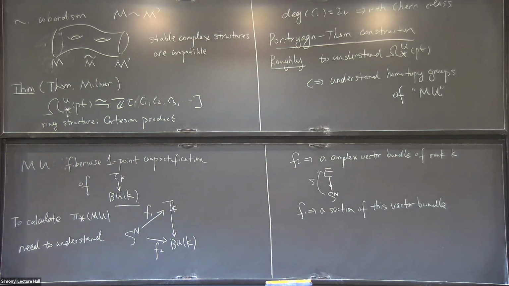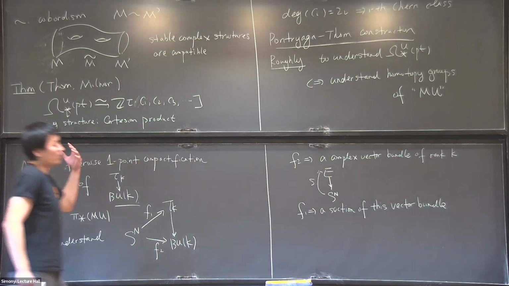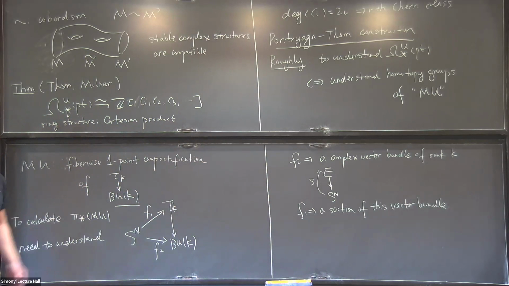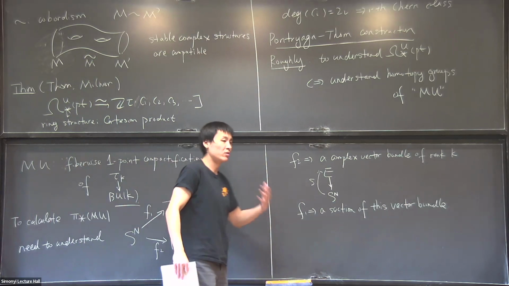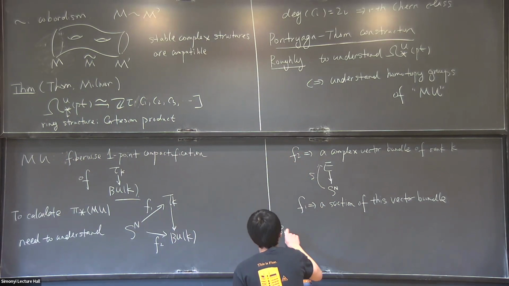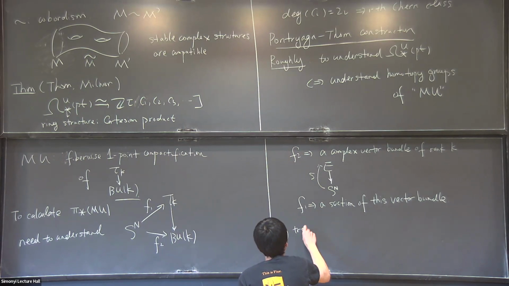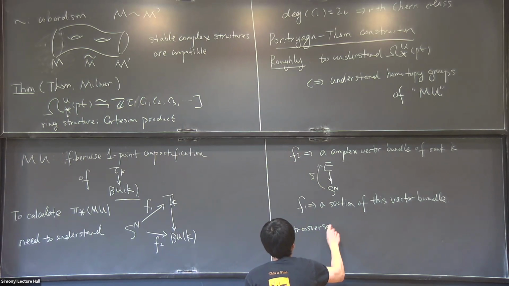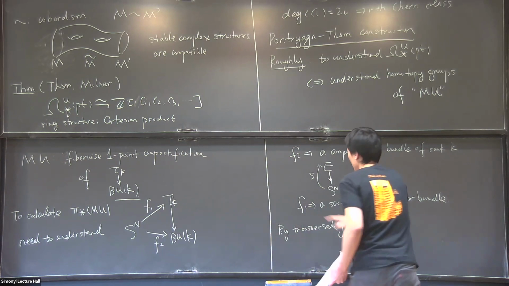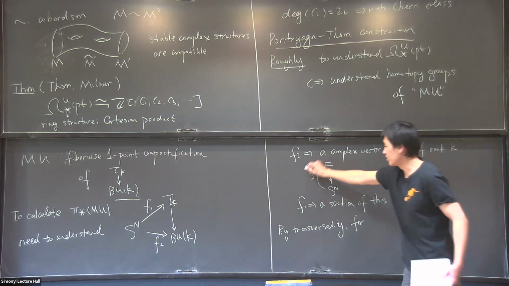So that's the picture we get. To go from such a triple to, say, stably complex manifolds, what we have to use is Thom's transversality theorem. By transversality, let's go back to this triple.